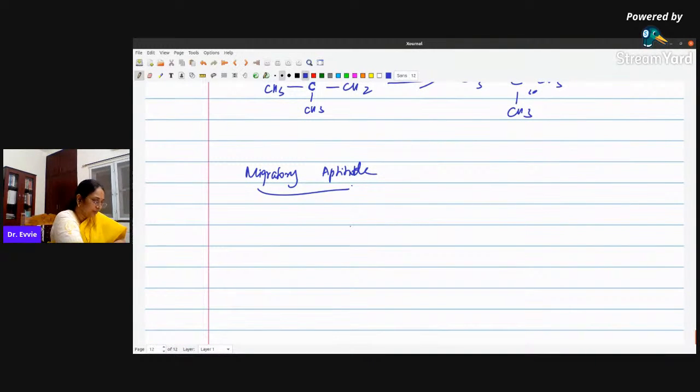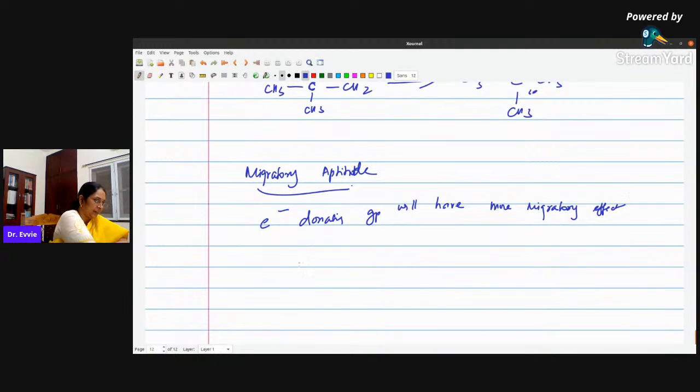Now the order, please note down, because it is not CH3 plus that is going to move, it is going to be CH3 minus. So we can write that the electron donating group will have more migratory aptitude.